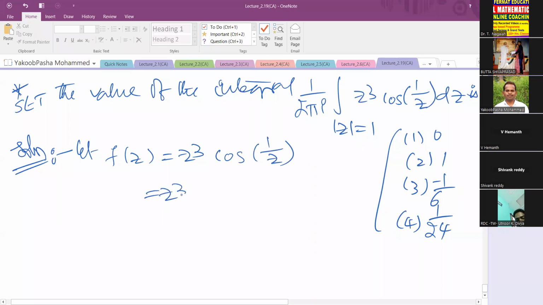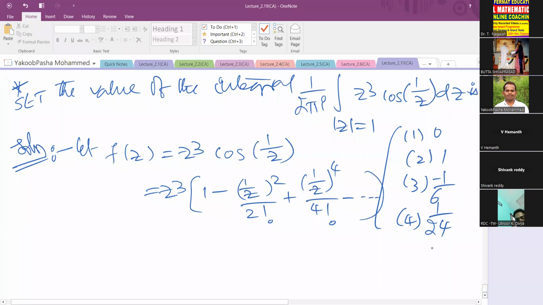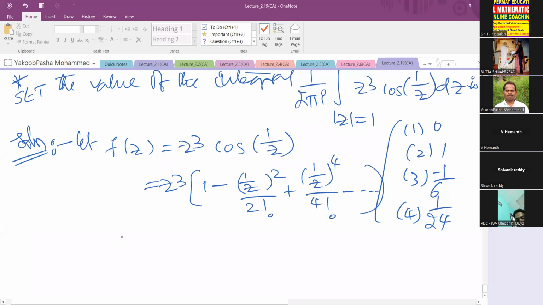So z cube times the cos expansion: 1 minus (1 by z) whole square by 2 factorial plus (1 by z) whole power 4 by 4 factorial minus and so on. This is the expansion of cos 1 by z.